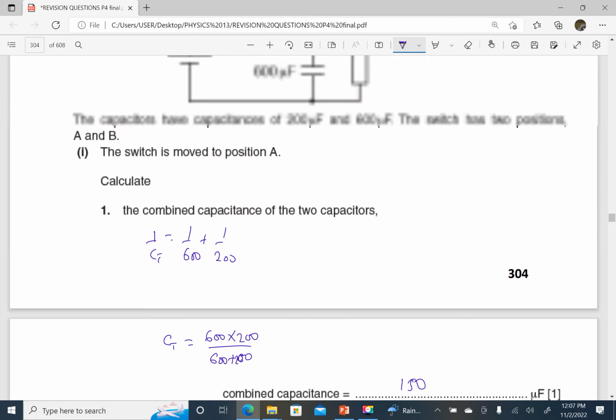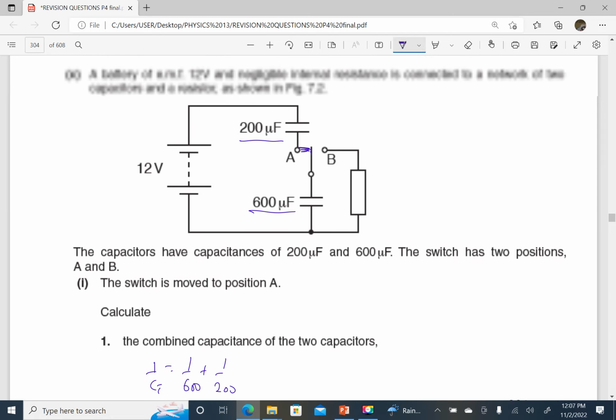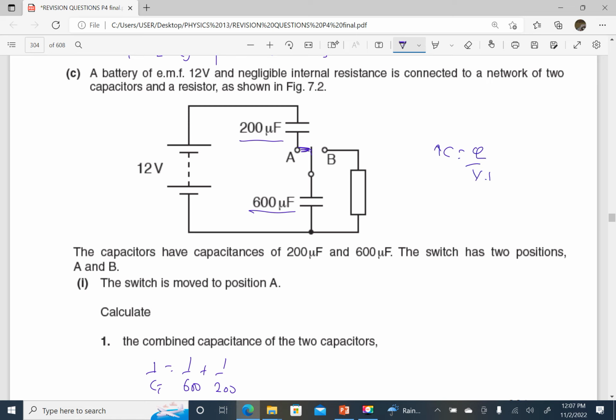Alternatively, you can think about it in terms of the PDs across each. Remember, capacitance is Q over V. The one with the high capacitance has a smaller PD. And you notice that 600 is 3 times 200. That means the PD across 200 is 3 times the PD across 600 microfarads. If we say the PD across 600 is X, the PD across 200 is going to be 3X.